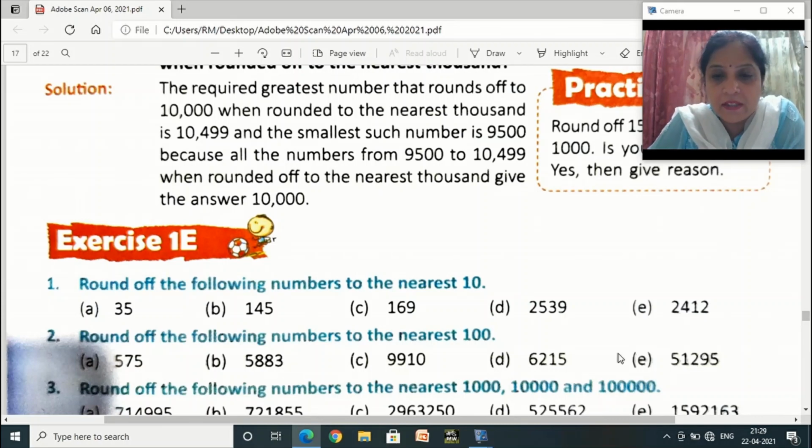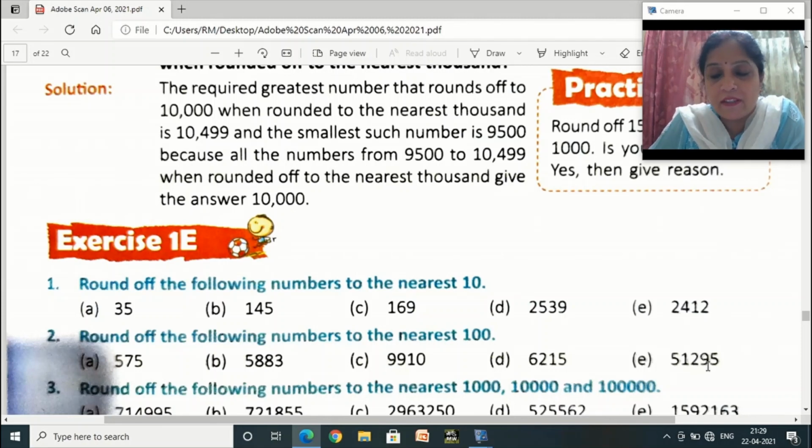Okay. Similarly, suppose one example 51295, we have to round it off to nearest 100. How will we round it off? First, circle the digit at hundreds place. Which digit is at the hundreds place? 2 is there. Now underline the digit at tens place. What is the digit at the tens place? It is 9. Okay.